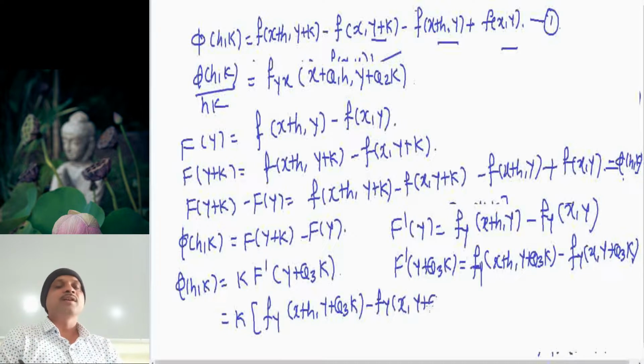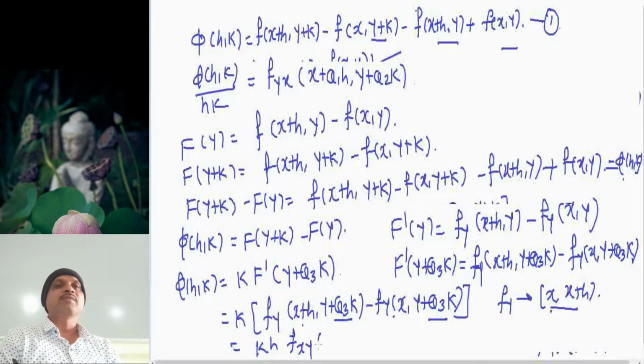Now friend, this is a constant term and it is a derivative. Again we apply this to f_y. This is my function and the interval is x, x plus h. For this function we apply Lagrange's mean value theorem, and this is with respect to x, so we get k into h into f_xy at x plus theta 4 h, y plus theta 3 k.